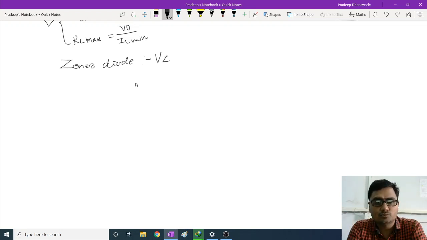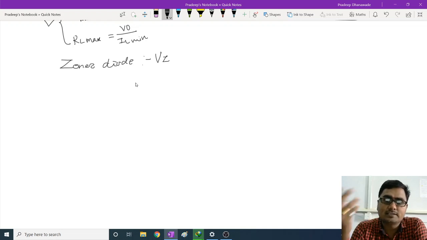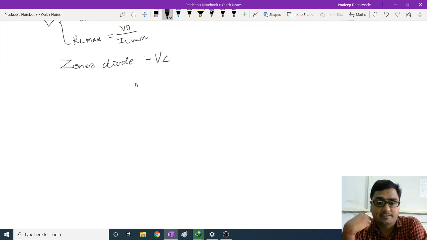Whenever you go to an electronic shop to buy a Zener diode, what do you ask for? You ask for a voltage only. Generally you say I want a 5 volt Zener, a 12 volt Zener, or an 18 volt Zener. It means you are telling the breakdown voltage of the Zener that you want specifically.